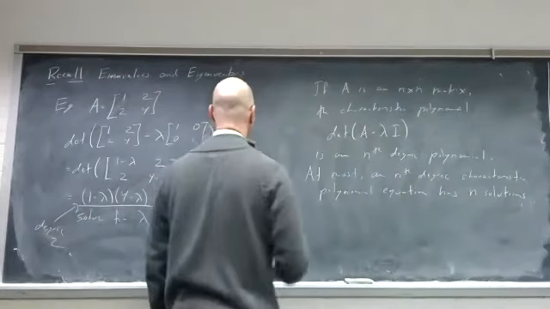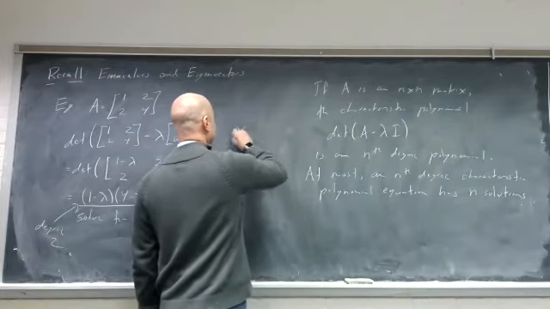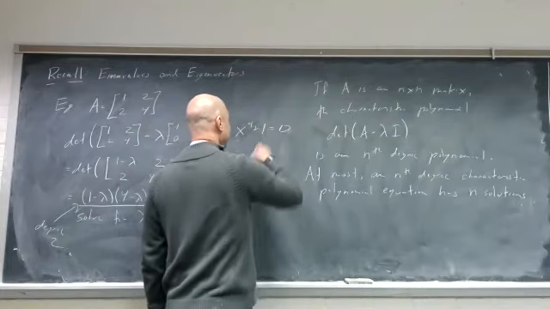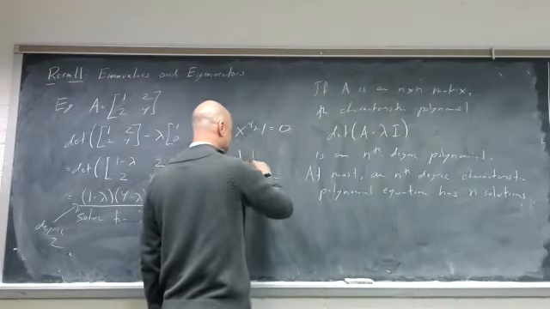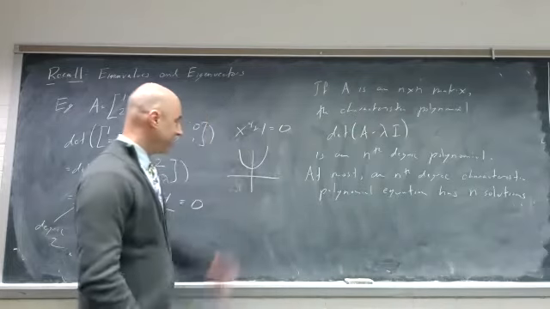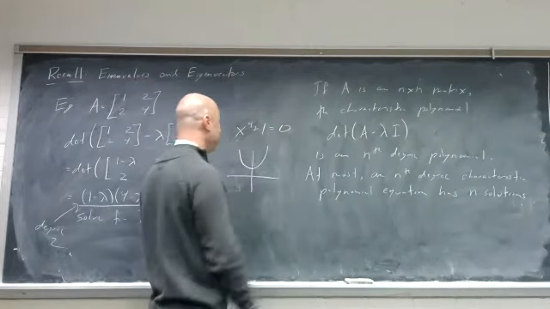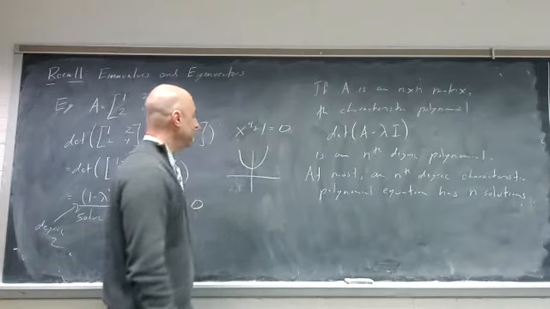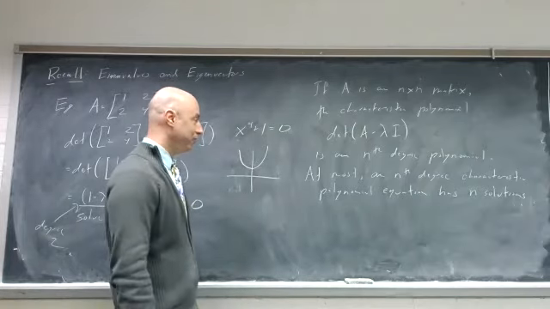For instance, x to the 4th plus 1 equals 0 has no real solutions. The graph of x to the 4th plus 1 doesn't cross the x-axis at all. Any 4th degree polynomial equation will have at most 4 solutions, and possibly fewer.